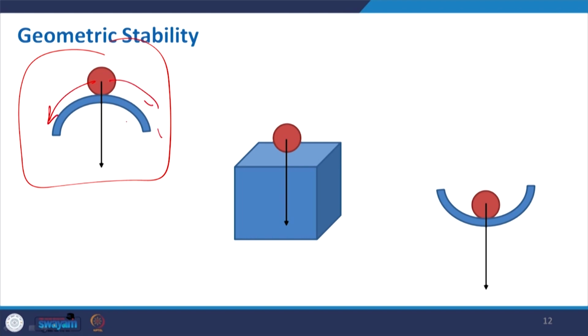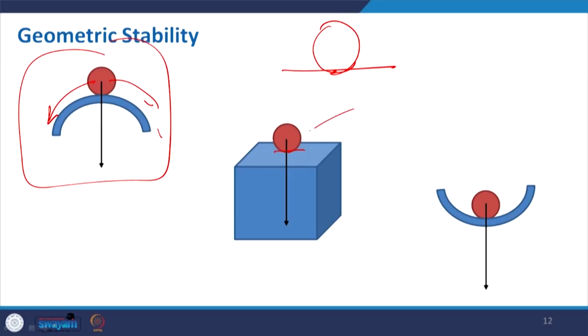Compared to that, this one is still considered to be stable, but it is basically neutral, because again this particular sphere is connected to this at a single point. If you theoretically see, if there is no deformation, only one point is resting on a point, but still, because it is a flat plate, if no external force is applied to it, it will stay like this only.